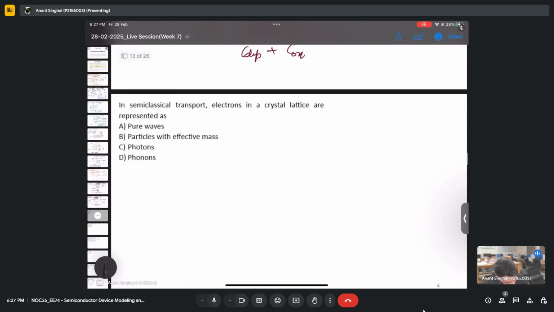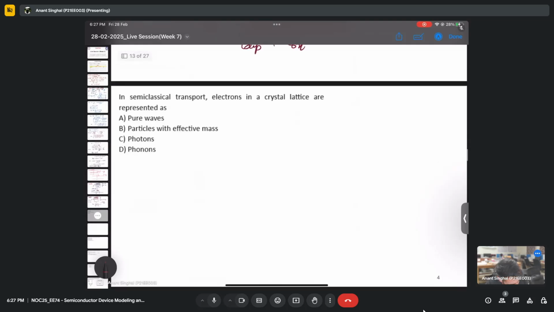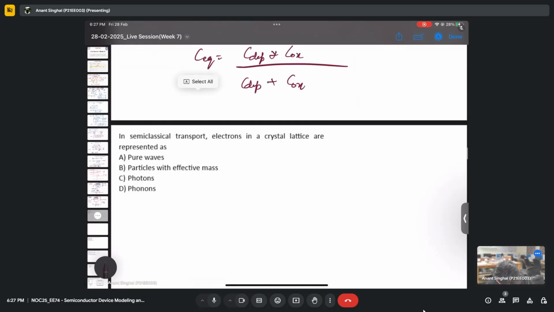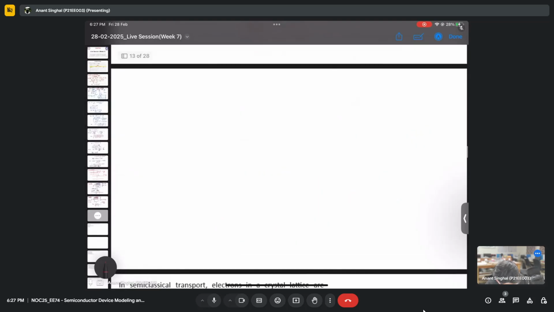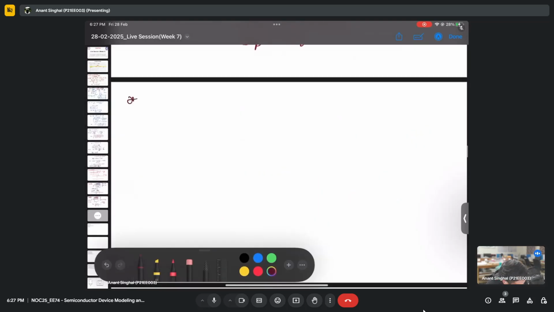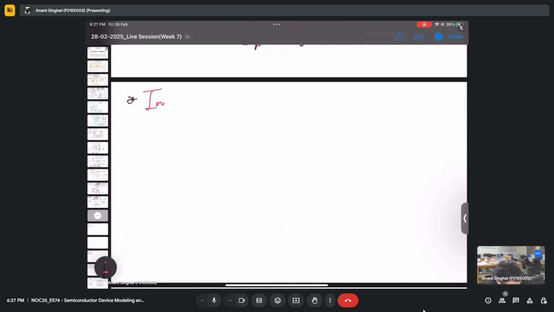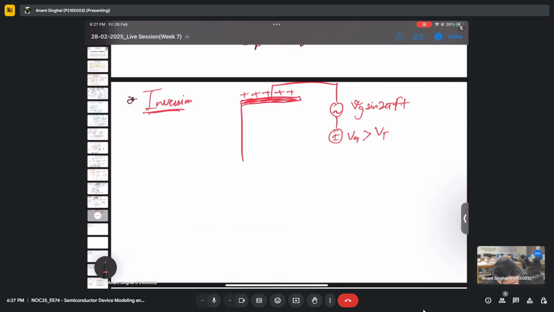Now the third case is inversion. So let me use red. In this case, we completely invert the carrier. We have a lot of positive charge at the gate, again the same thing, but the VG this time is even greater than VT.